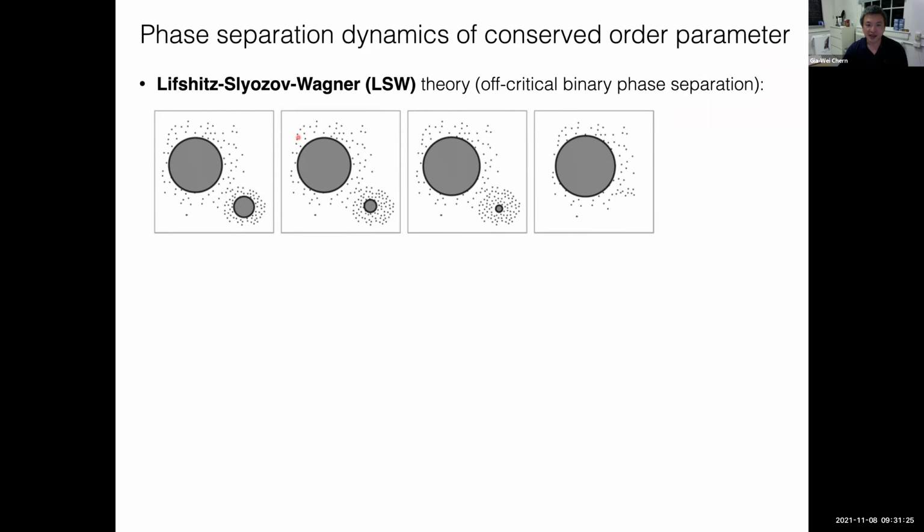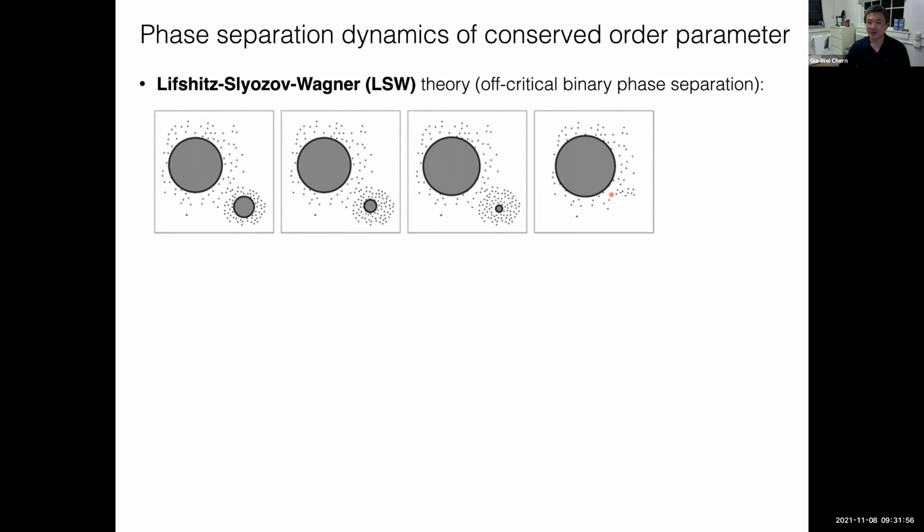In this theory, you have a majority phase, this white area, and a minority phase, these gray areas. In order for this minority phase to grow, since the number of minority phase particles is conserved, a smaller one needs to first evaporate, and then these minority particles diffuse and migrate to the larger clusters.